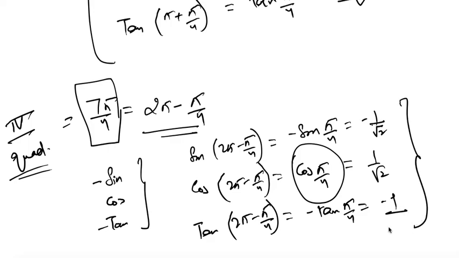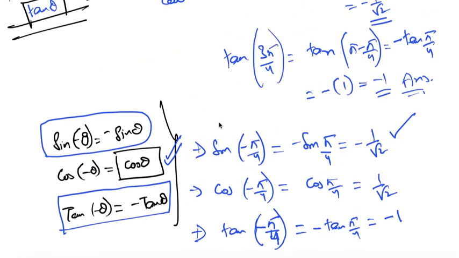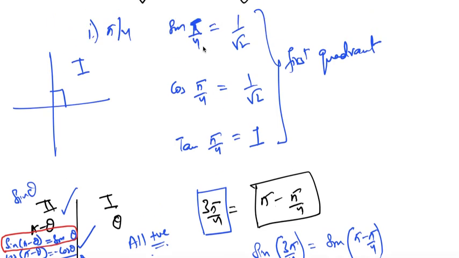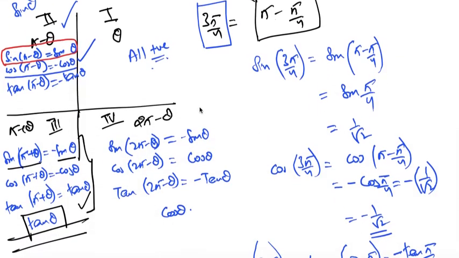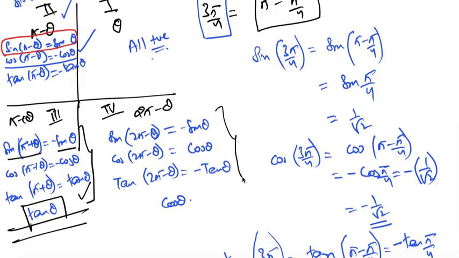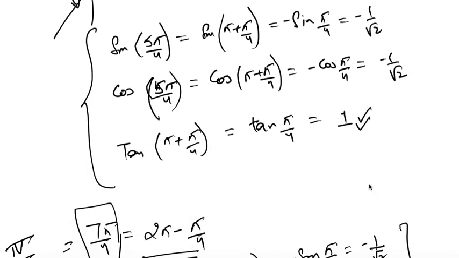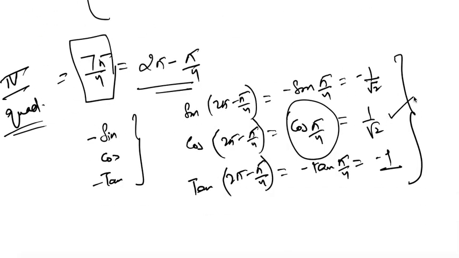So we covered all the four quadrants in a very easy way and understood the concept easily. The most important thing is that in the fourth quadrant we use these identities, and cos has to be positive. So cos is positive in our case.